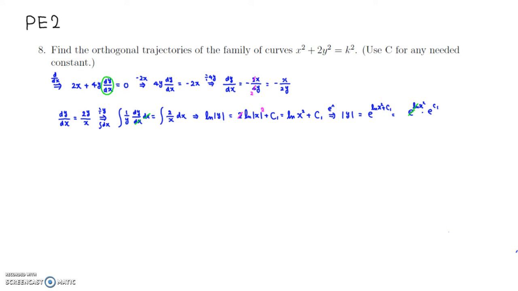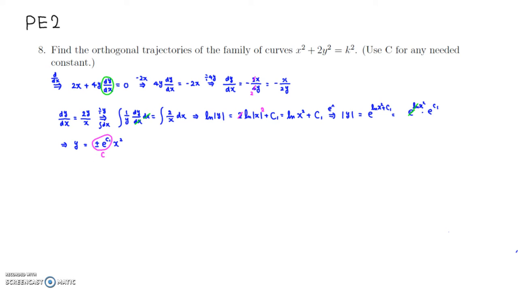Then we need to get rid of the absolute value sign. To do that, we have to consider plus or minus, so you have a constant e to the c1, times x squared. There's no point in using a complicated expression for just a constant, so since plus or minus e to the c1 is just a constant, I'm going to call it constant c.